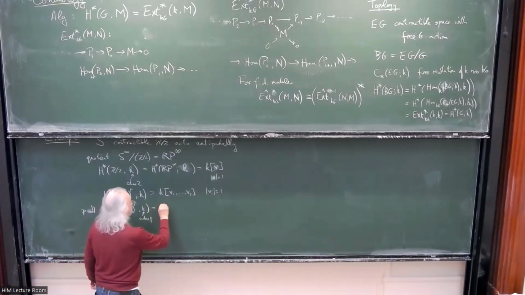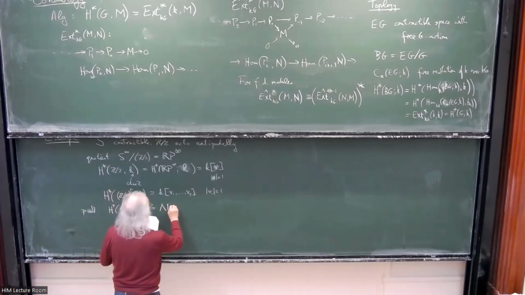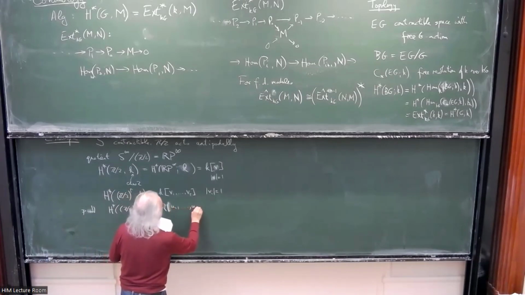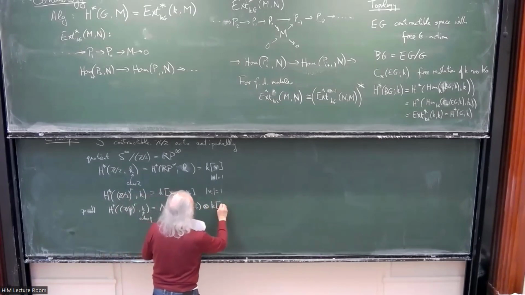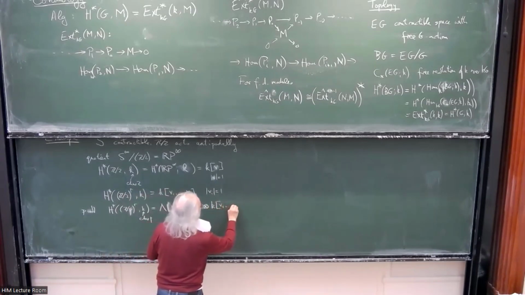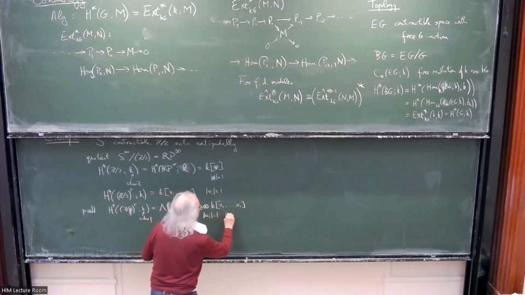So you get an exterior algebra on some elements U1 up to Ur and a polynomial algebra on variables V1 up to Vr. And the degree of the Ui is 1, and the degree of the Vi is 2.